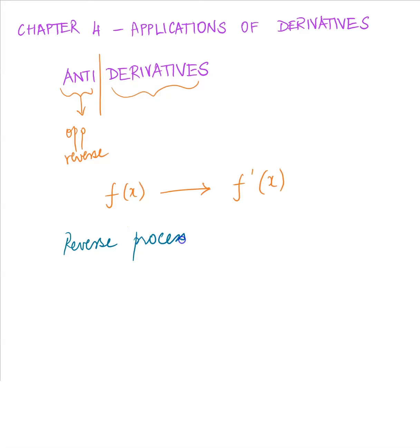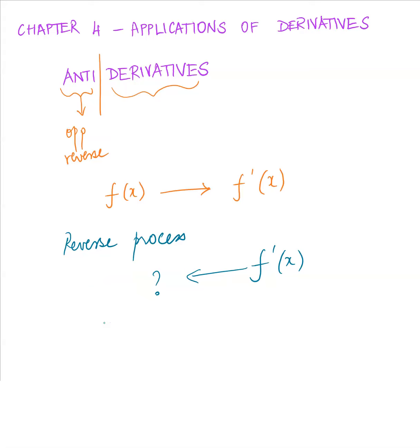That means we will be given this f prime of x, and we should be able to find the function for which this is the derivative. Now remember again, the reverse process is to help us recover the function. So for that, what we do is we try to find this f of x. However, when we are given problems, we will not be using these notations f of x and f prime of x.